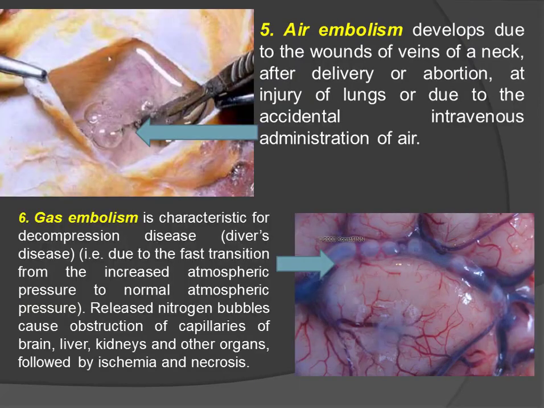Air and gas embolism. It occurs when free air appears in the bloodstream. Causes are open heart surgeries, wounds of the large veins of the neck and chest, postpartum periods, accidental administration of air into a vein, and rapid decompression.